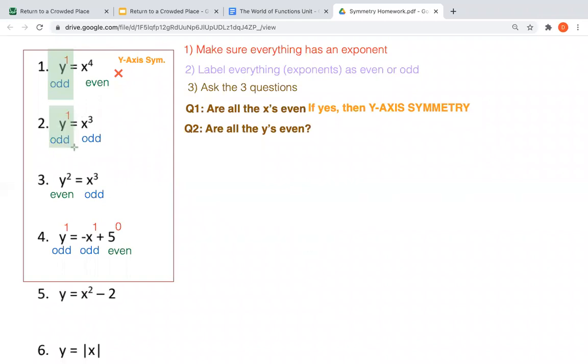Number 2, y is odd, another fail. Number 3, y is even, so that one passes this test. And number 4, y is odd again, so fail. If yes, then x-axis symmetry. So only number 3 has x-axis symmetry.